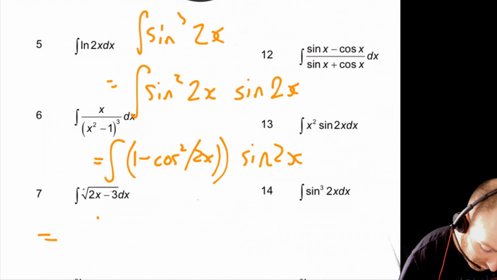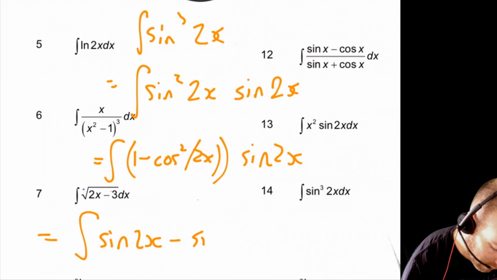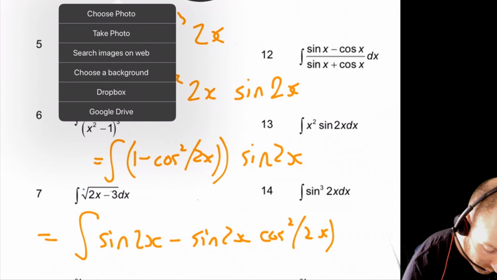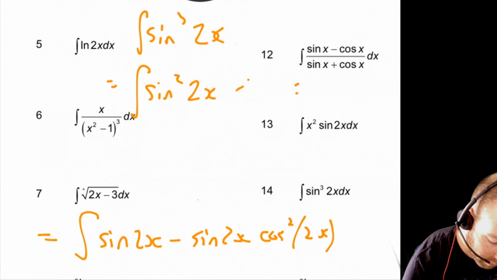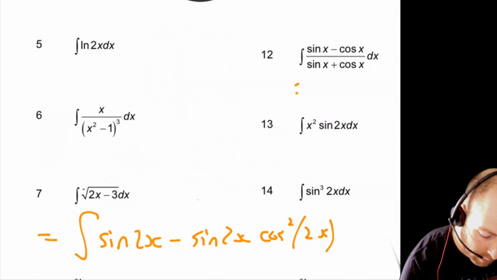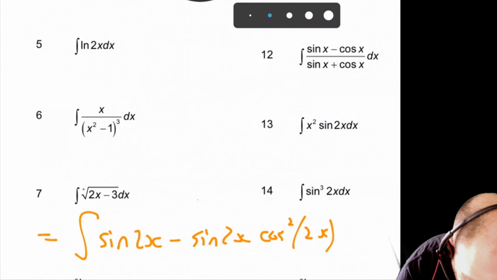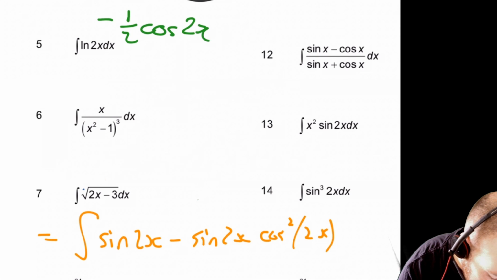Expand it to get the integral of sine 2x minus sine 2x cos squared 2x. Cool, right, now, first bit, sine 2x easy, we can just integrate that. So that's going to go to minus a half cos 2x.